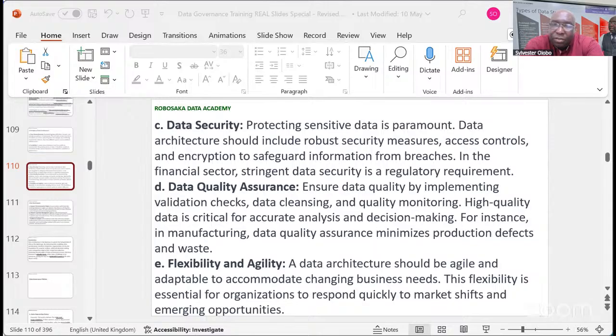You have protective measures to secure data. For example, in an organization we have the accounting department, HR, and the maintenance department.